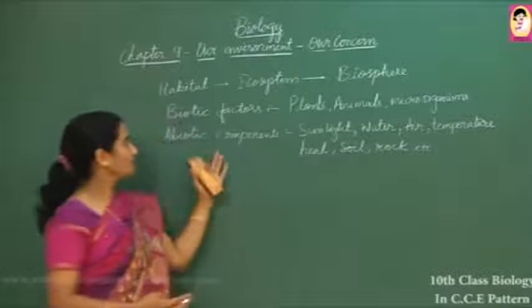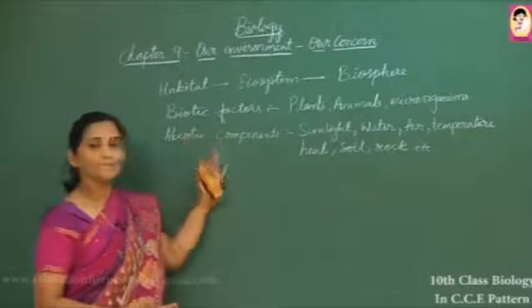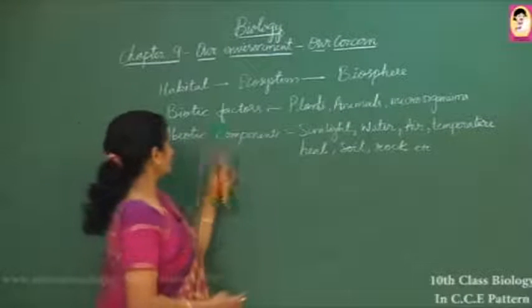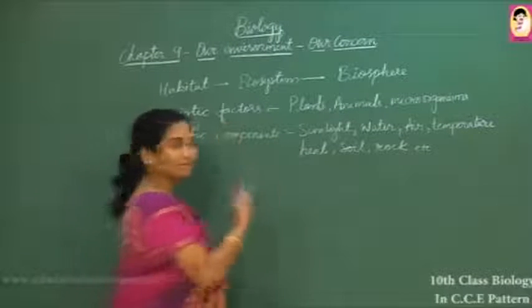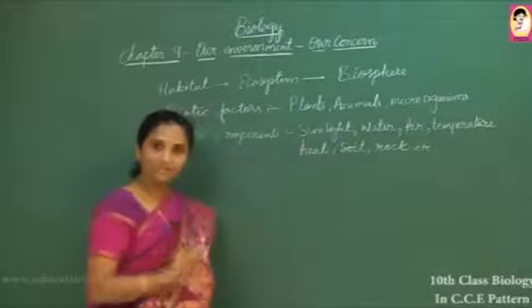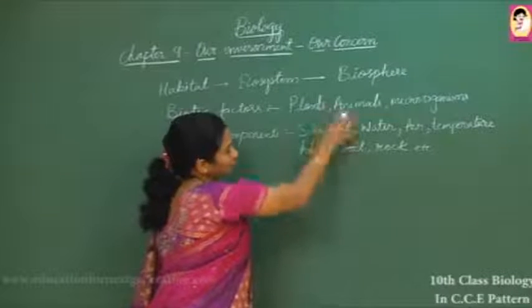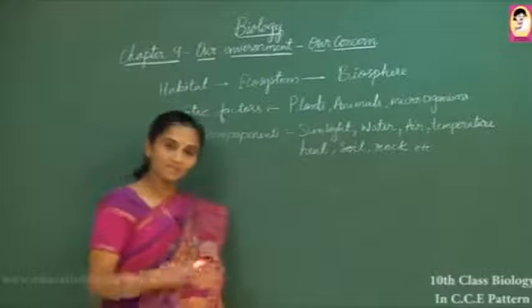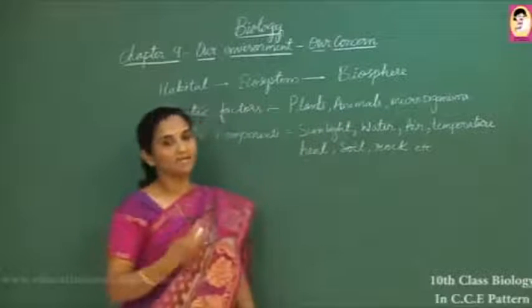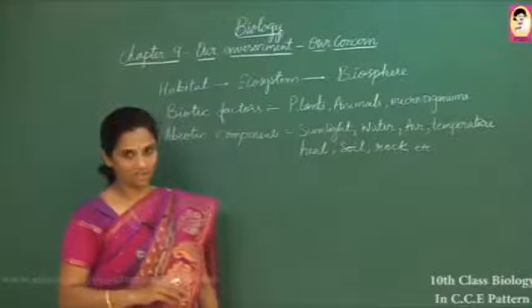Now let us have a look at how organisms are interlinked with each other, and how the interaction between abiotic and biotic components, and between living organisms, takes place. We can find two types of interaction here: one is interspecies interaction, and the second is intraspecies interaction.